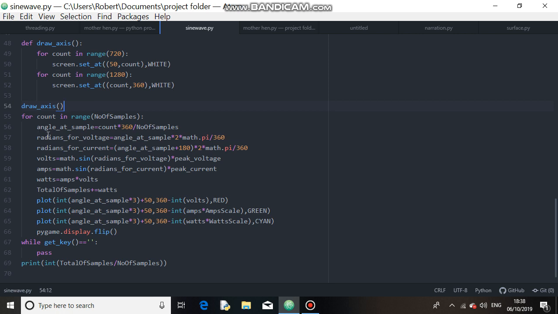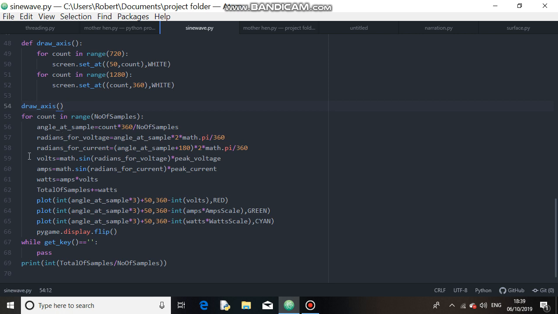Right, the sine function in Python only takes radians as an argument, so I've had to convert the angle to radians. That's what I've done here. And the reason I've done it for both voltage and current is because I wanted to change the phase of the current by 180 degrees in order to change the direction of power.